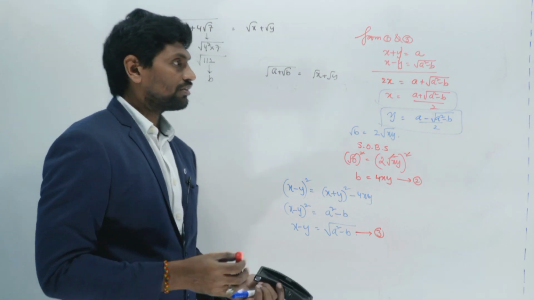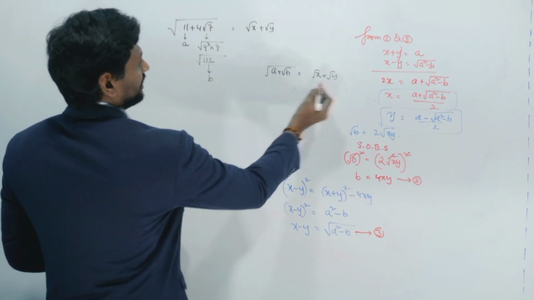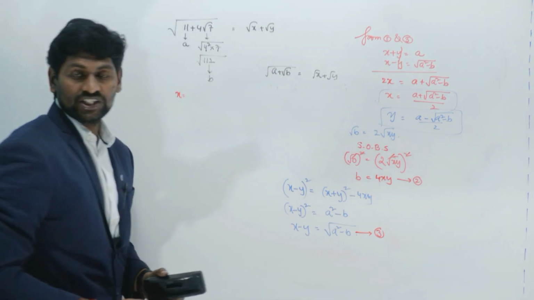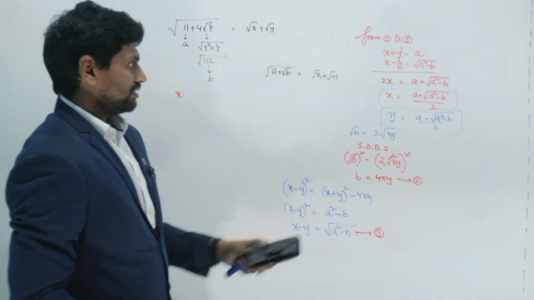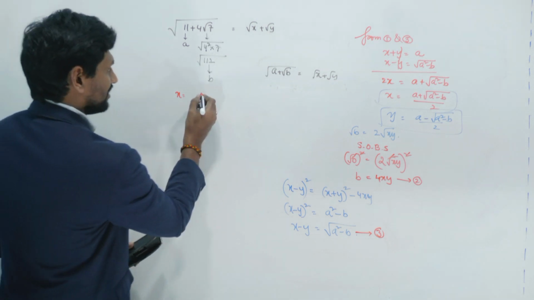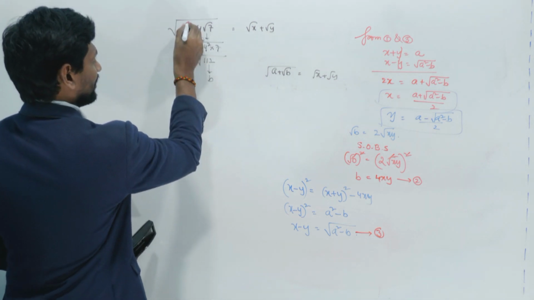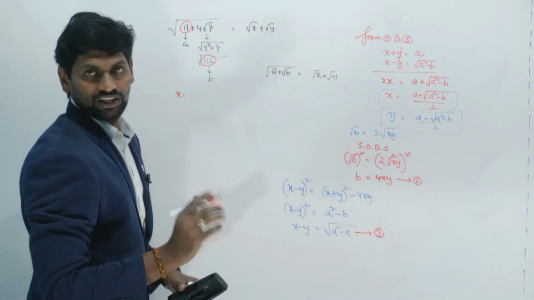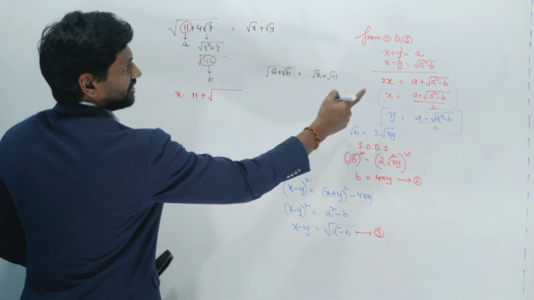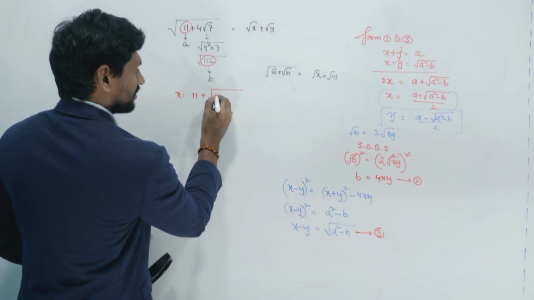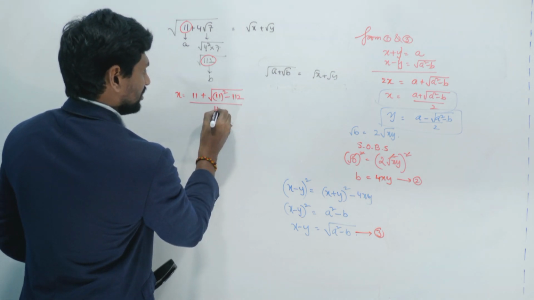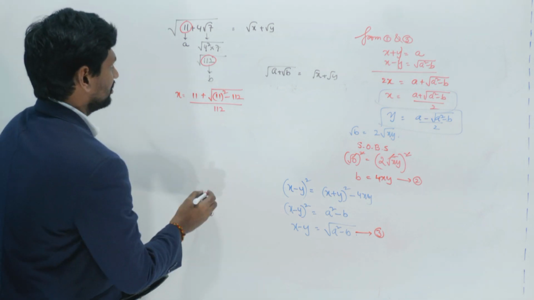So just apply the formula directly. That is, x value is a plus root a square minus b, by 2. Y value is a minus root over a square minus b, by 2. So let us find x value. A means 11, b means 112. So 11 plus root over a square minus b, that means 11 square minus b value 112, by 2.